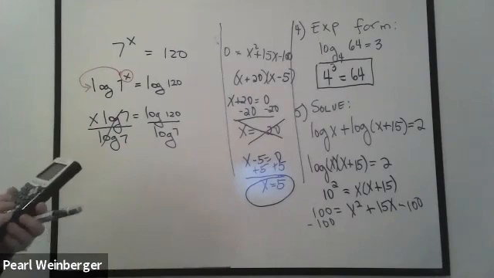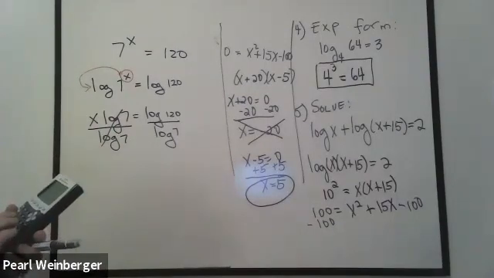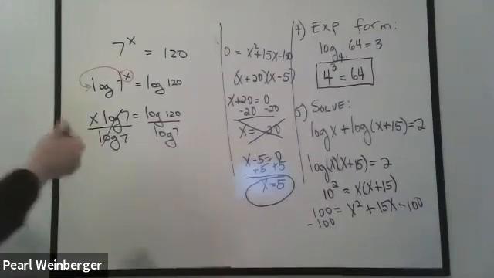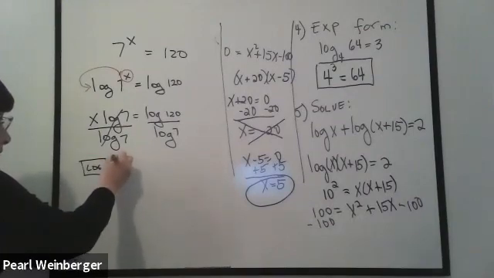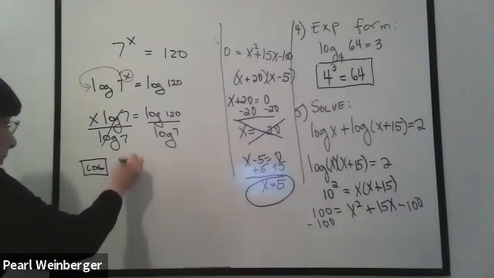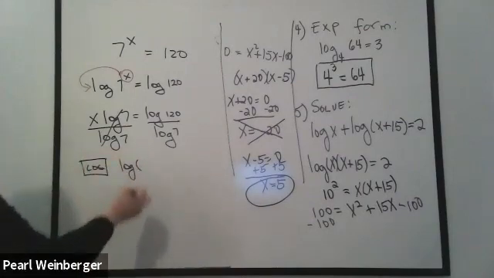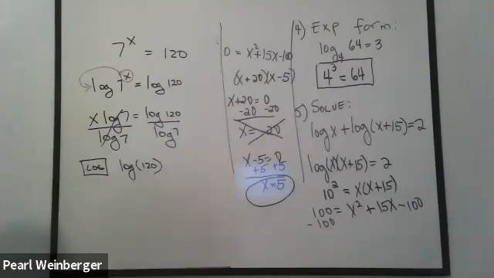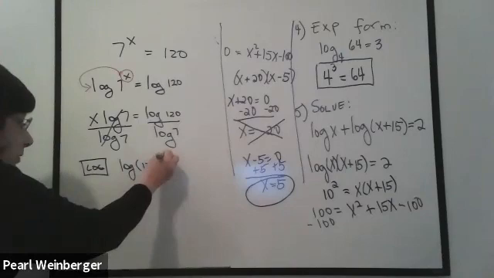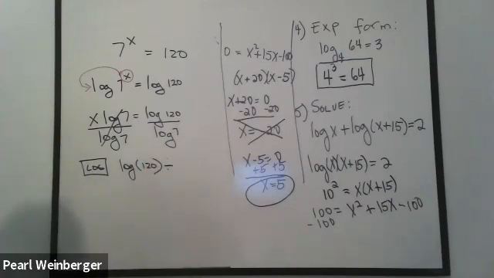So here's what we do on the calculator. Let me just write it out. I press my log button. It'll come out something like this, log parentheses. I'll type in 120 and close the parentheses. Don't forget to close that parentheses. And I'll type in the divide button.